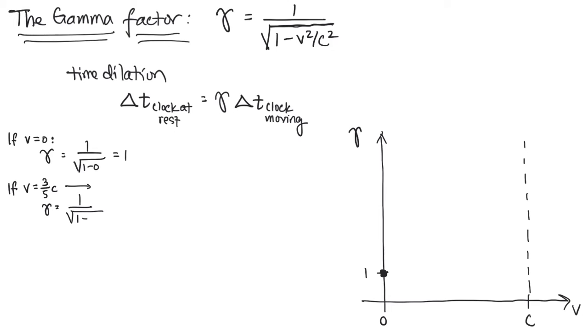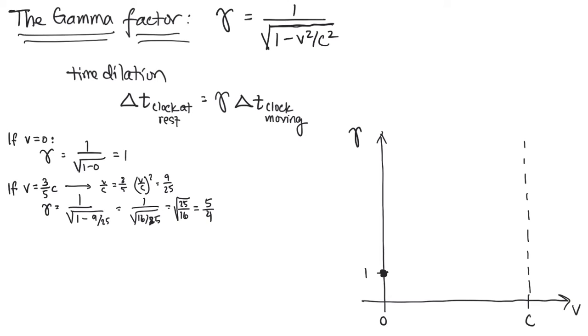So v over c is 3/5, and (v over c) squared is 3 squared, 9, over 5 squared, 25. So we have 1 over the square root of 1 minus 9/25. That is 1 over the square root of 16/25, which is 25 over 16 under the root, which is 5/4.